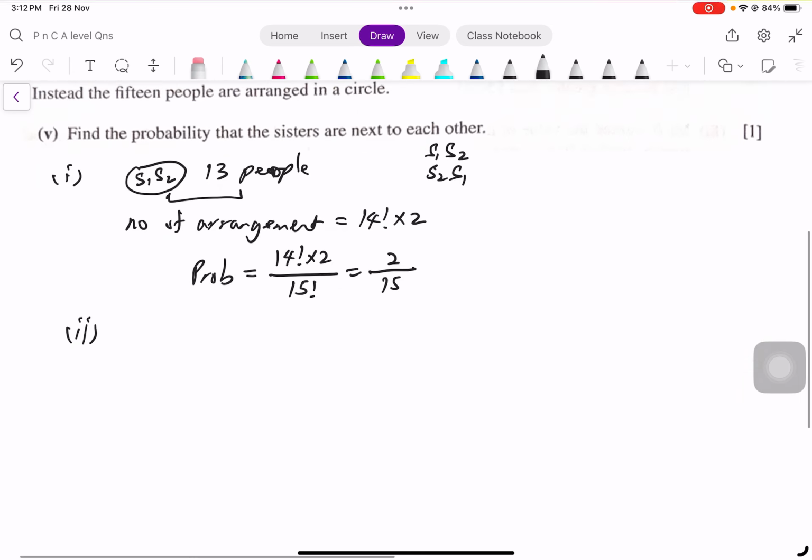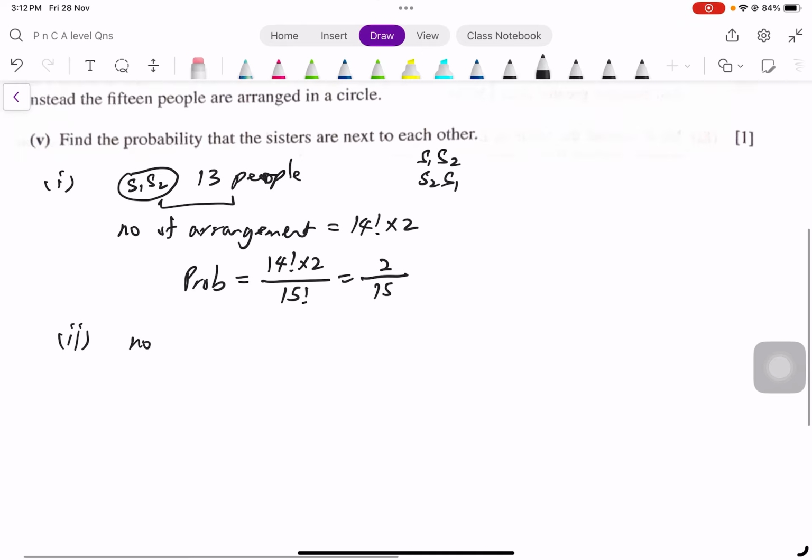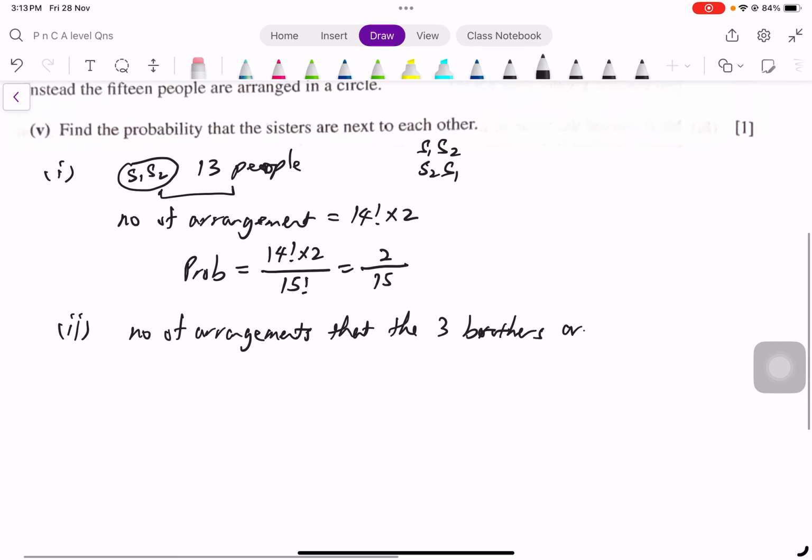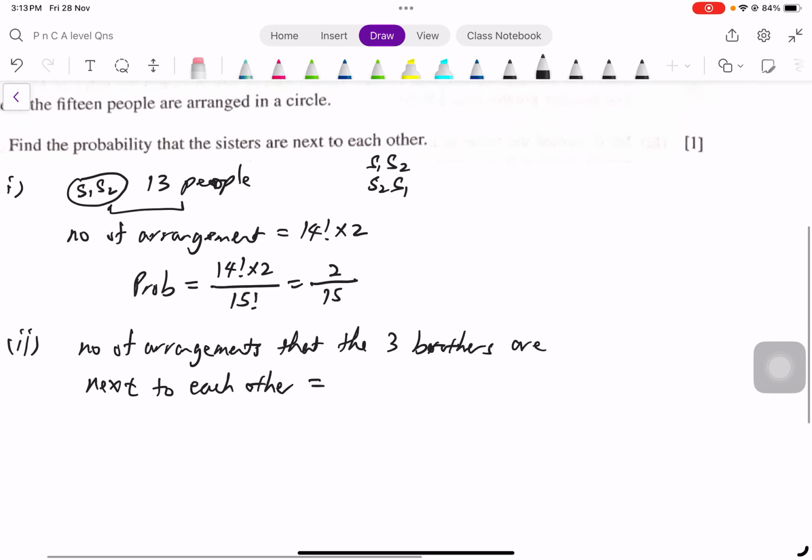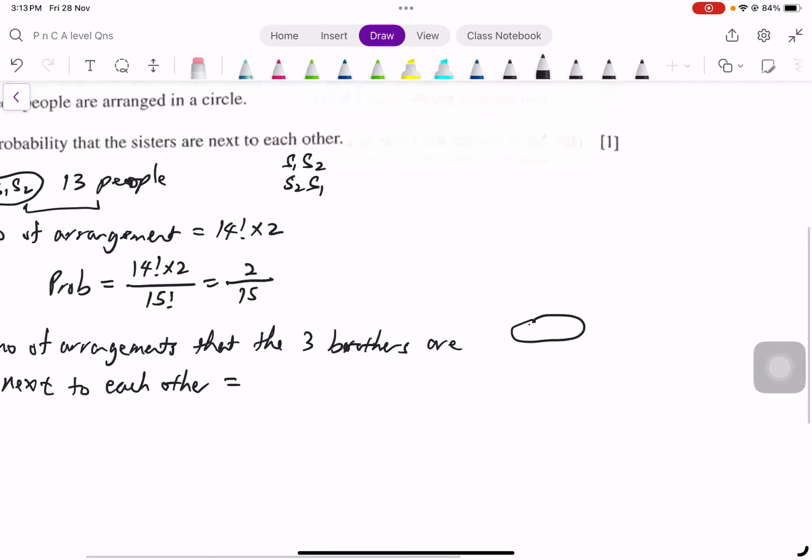The number of arrangements that the three brothers are next to each other will be just equal to what? The three brothers, I call them B1, B2, and B3.